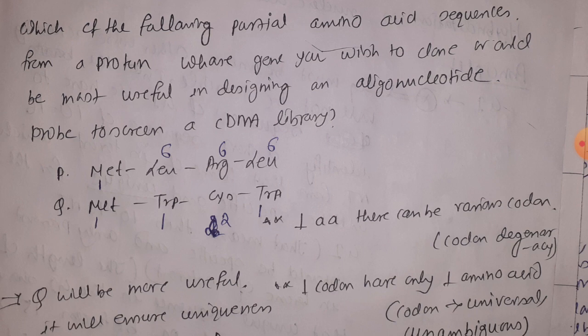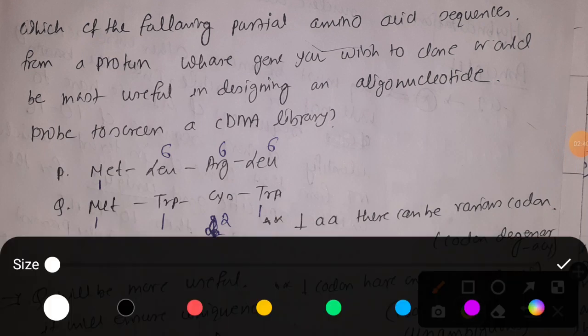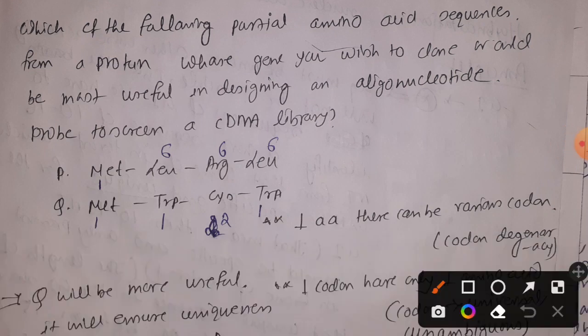So for that you have to know the basics of transcription and translation. Let's try to understand it at a very basic level. We have a double stranded DNA molecule.